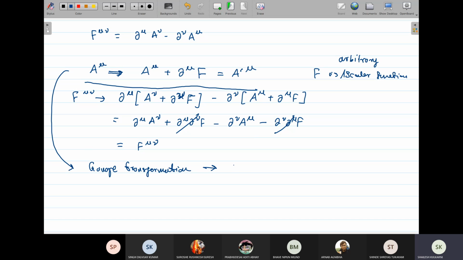In quantum electrodynamics, or even in the Dirac equation coupled to the electromagnetic field and so on, this is the backbone of your theory of electrodynamics.